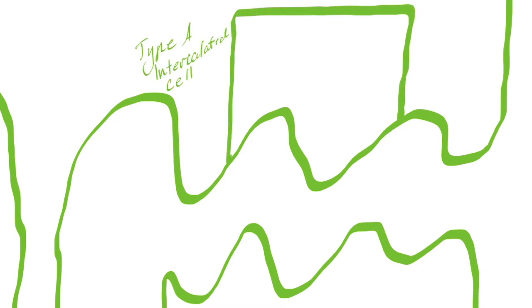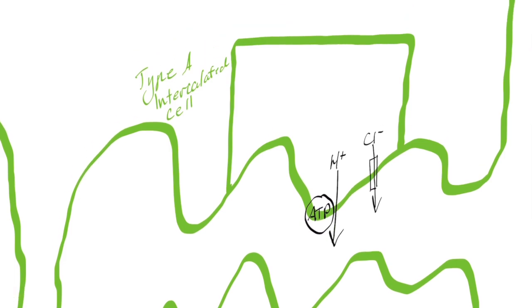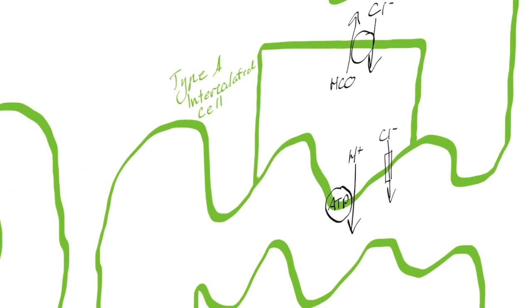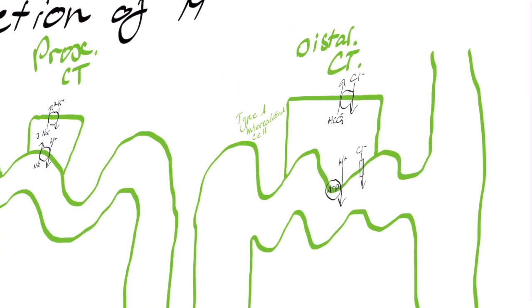In the distal convoluted tubules, there's intercalated cells, specifically the type A intercalated cell, where there's active transport with hydrogen ATPase, pumping hydrogen out with chloride following. This moves into our reabsorption of filtered bicarb mechanisms.